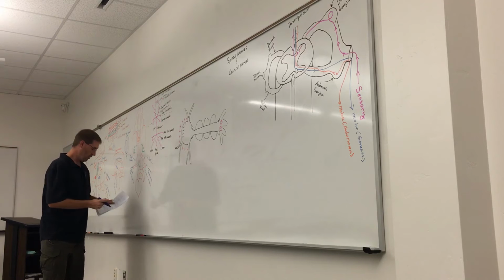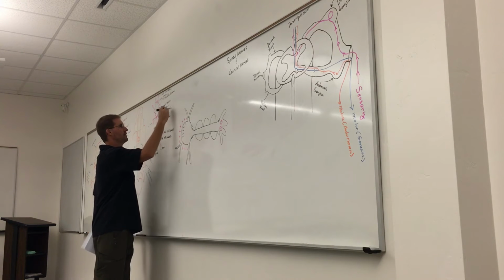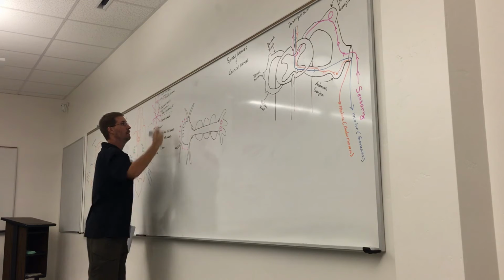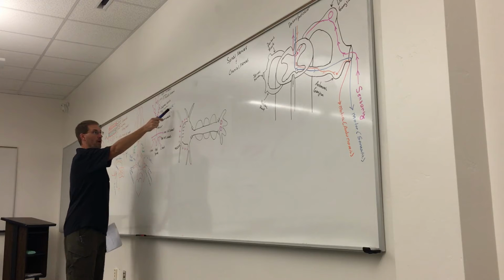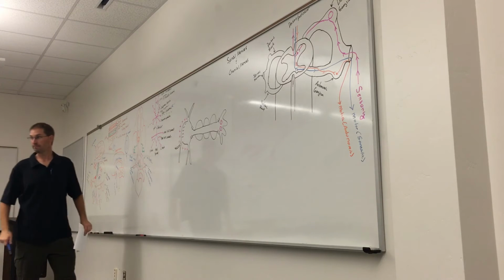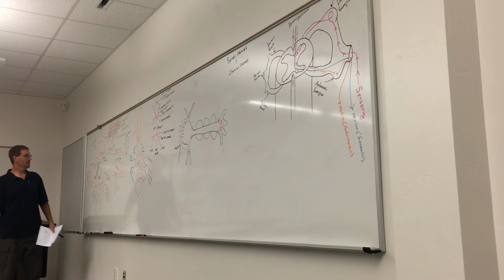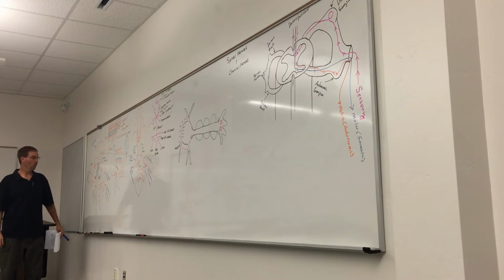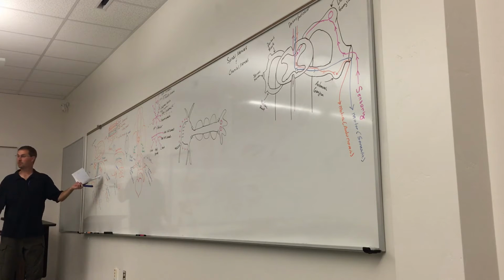So there is a stroke that involves the posterior cerebral artery. That's this guy here. If I have occlusion or compromise of the posterior cerebral artery, that supplies blood flow to the posterior part of the cerebrum, which is where? The occipital lobe.